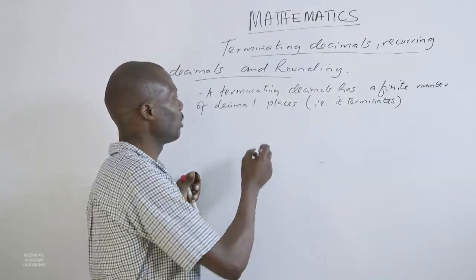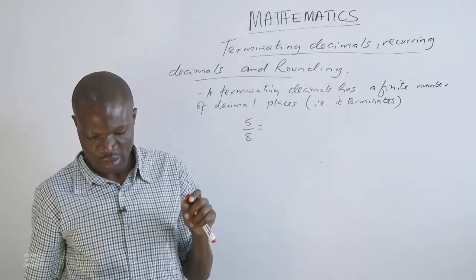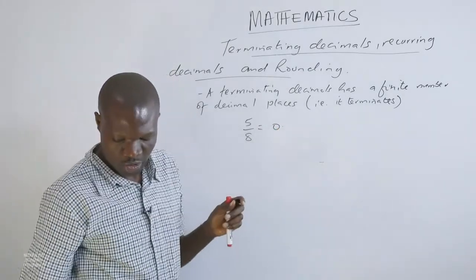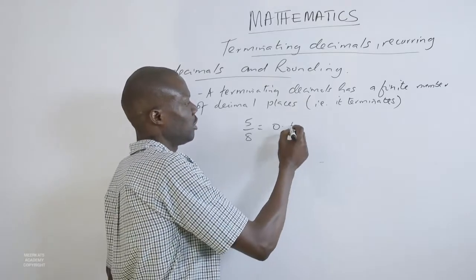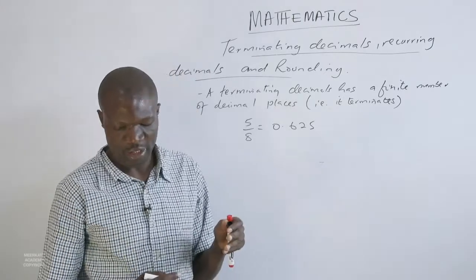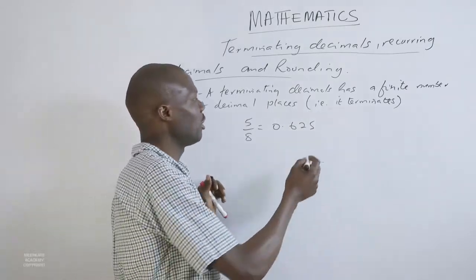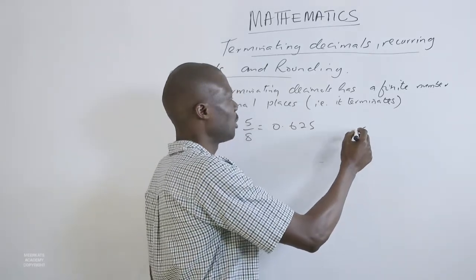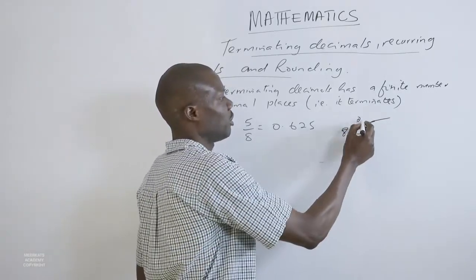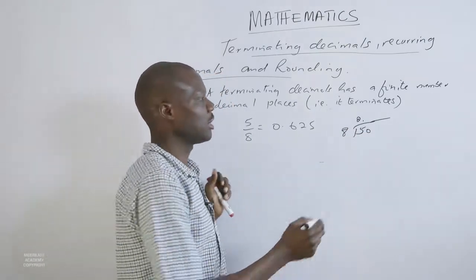Take, for example, 5/8. When you try to convert 5/8 using the method that we know, you'll find that it is 0.625. And you'll find that nothing will go on. It will end at that particular point. You can use a calculator to get it that way, or alternatively, you'll have to do it the longer way. So this is 0 point. We have 50 into 8 gives us 6.